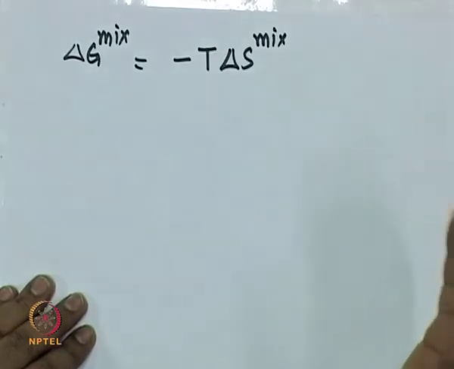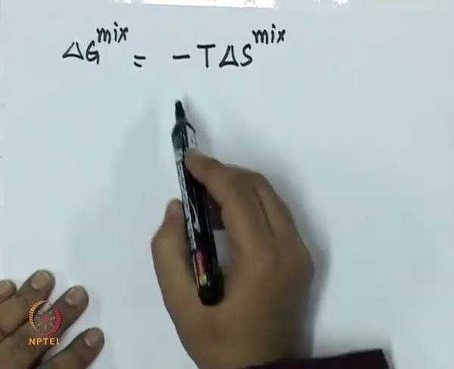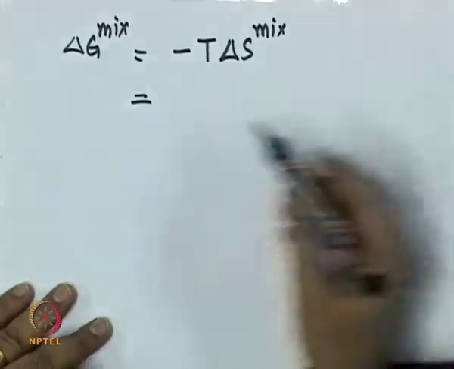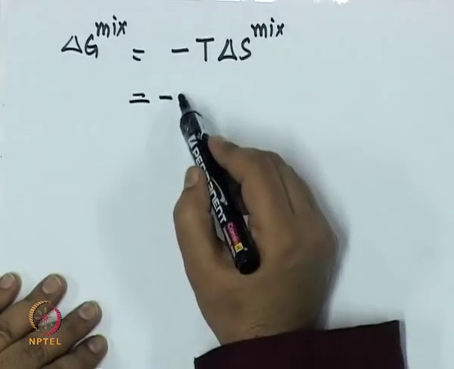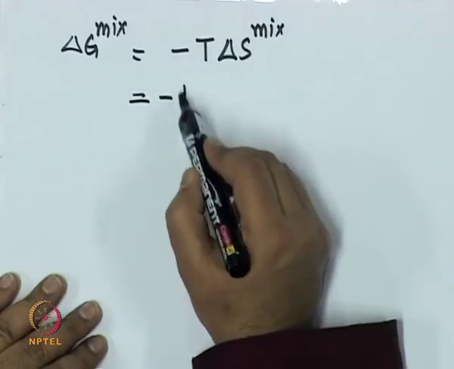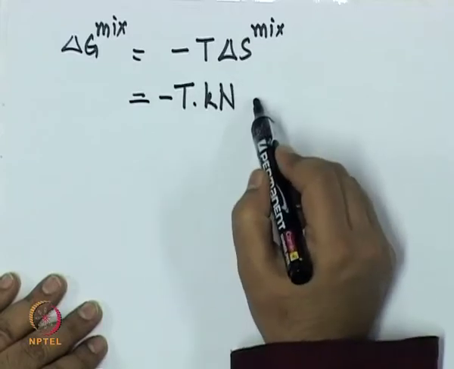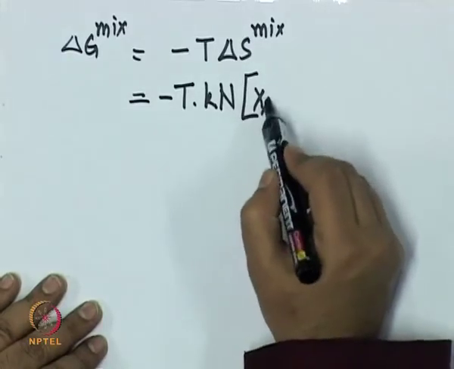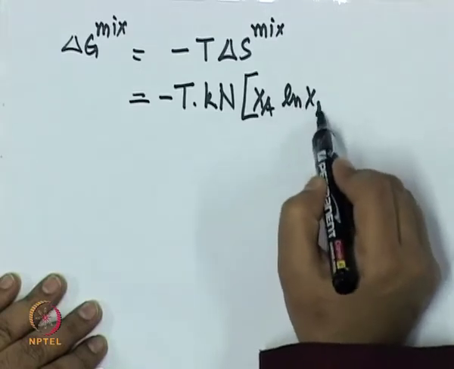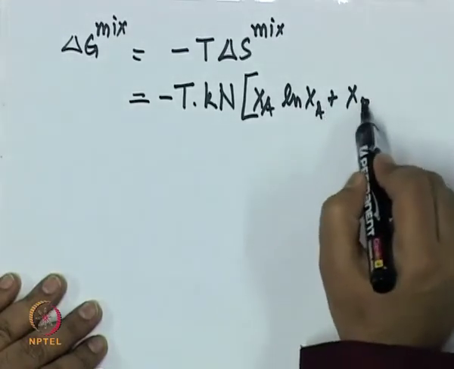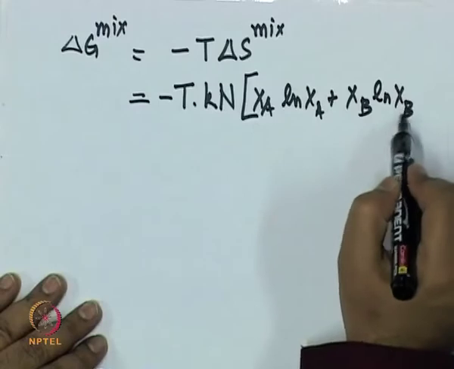There could be vibrational entropy contributions, for example, which we are not considering, which means you have minus T times k n times Xa ln Xa plus Xb ln Xb.